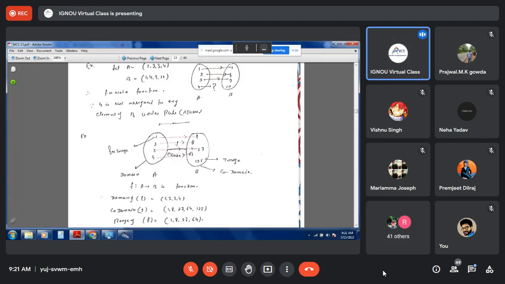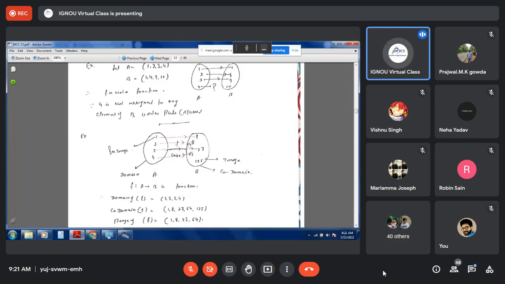64. Okay. Each element is assigned to some element of B. 1 is assigned to 1, 2 is assigned to 8, 3 is assigned to 27, and 4 is assigned to 64. You cannot assign 2 with 64, or 2 with 27, or 4 with 8. No. Under the rule cube, these arrows show the direction of the assignment.